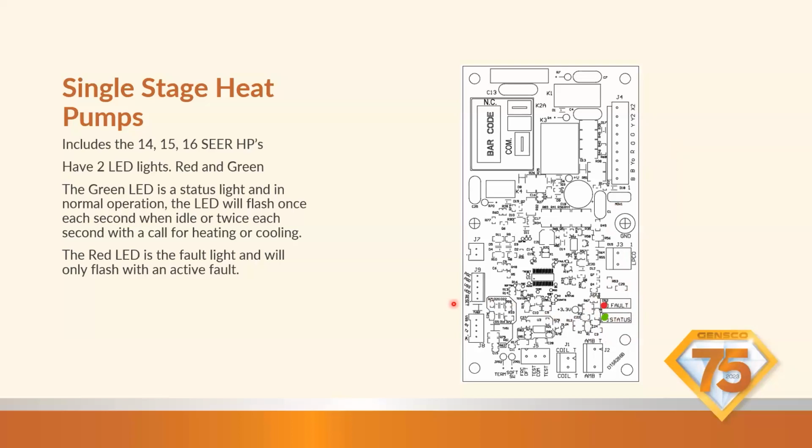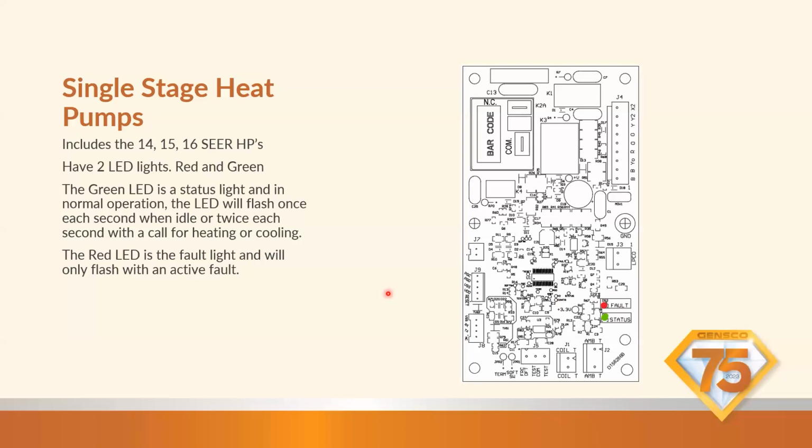It's going to give us one flash per second when it's idle and two flashes per second when it's actually heating or cooling. So the green light, we want it on. It's flashing, just going to tell us if there's a call for cooling or heating or not. That's all it's doing. It's not going to give us any other errors other than it's on and has power, really.